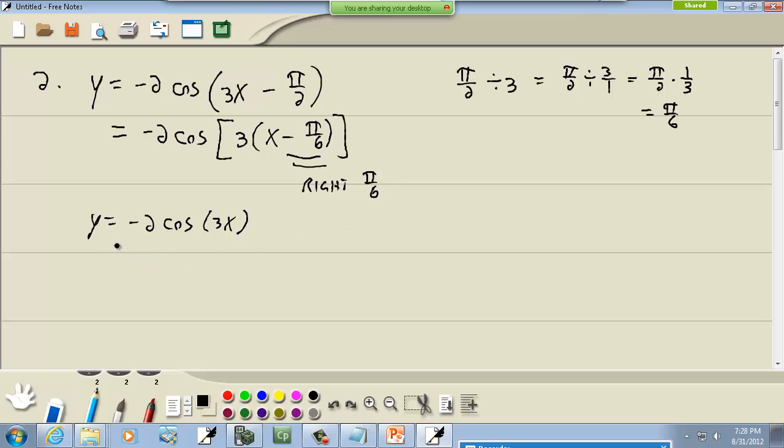Okay, now our amplitude is the absolute value of a, which is the absolute value of negative 2, which is 2. And our period will be 2 pi over b, and b in this case is 3.